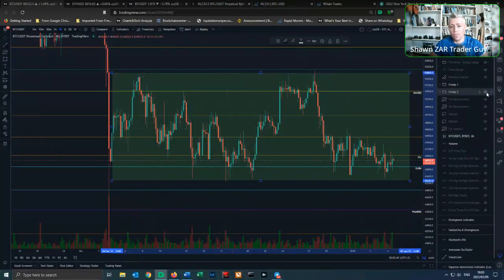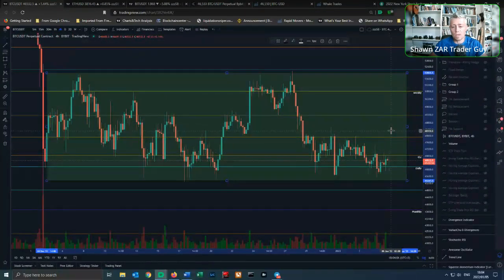And if I put on my 4-hour support and resistances, over the last couple of hours we've been touching down to that 45,500 area, wicking up past this 4-hour resistance at 46,837. So not huge movement going on in the markets at the moment, and the US markets have just opened.